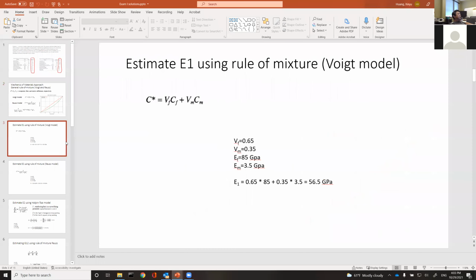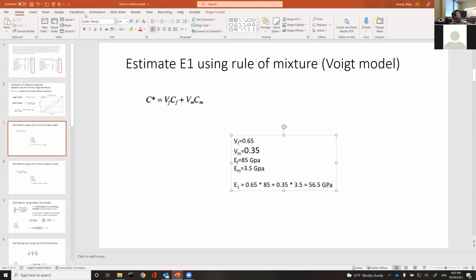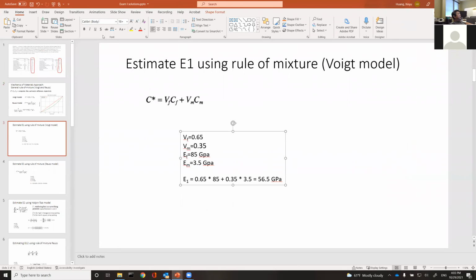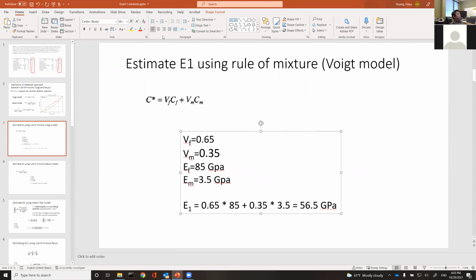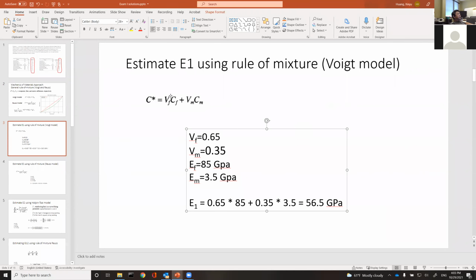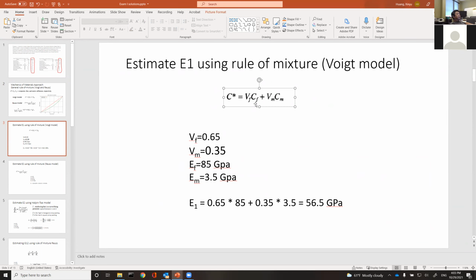So it's very simple. What I list here are the equations we need to use. This is the Voigt model: fiber property times fiber volume fraction, plus matrix property times matrix volume fraction, and this is the effective property.